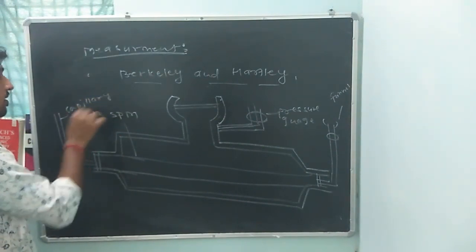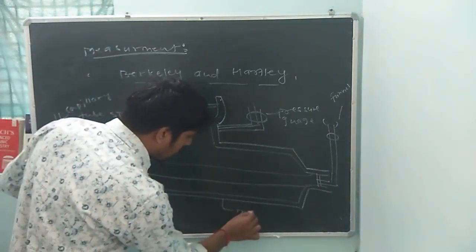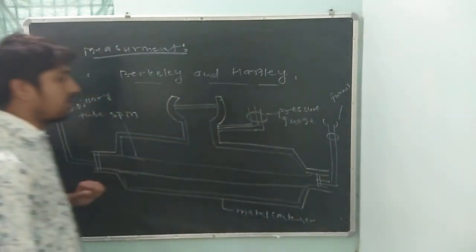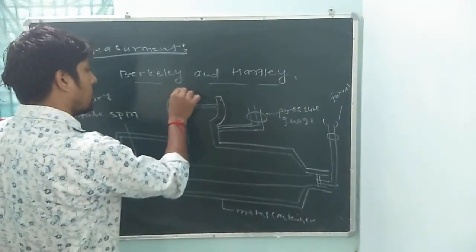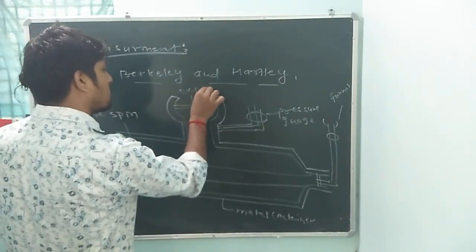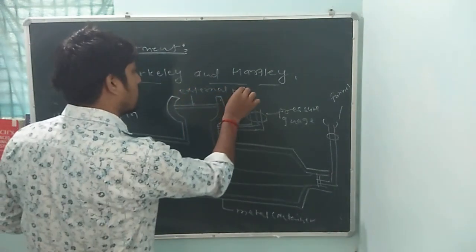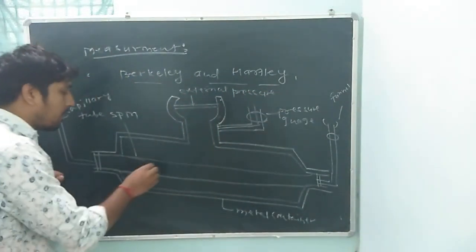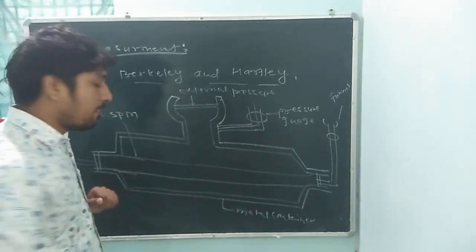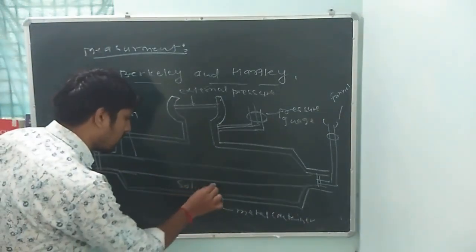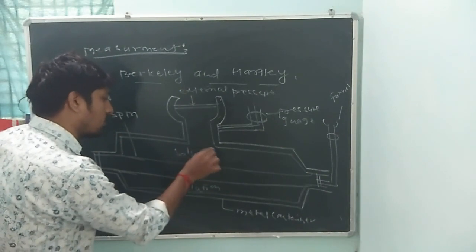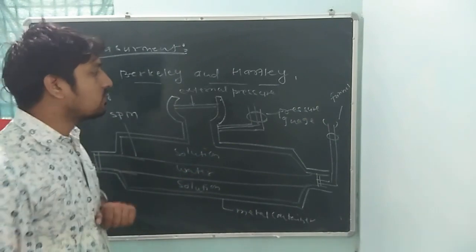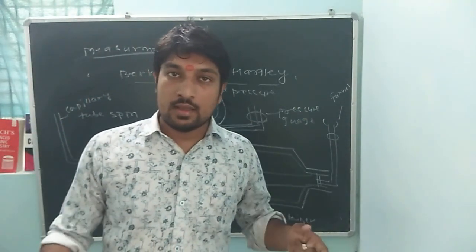And this is a metal container, where external force, or external pressure, should be applied. The metal container contains the solution, and there is also a porous pot containing water. So this is the Berkeley-Hartley diagram.